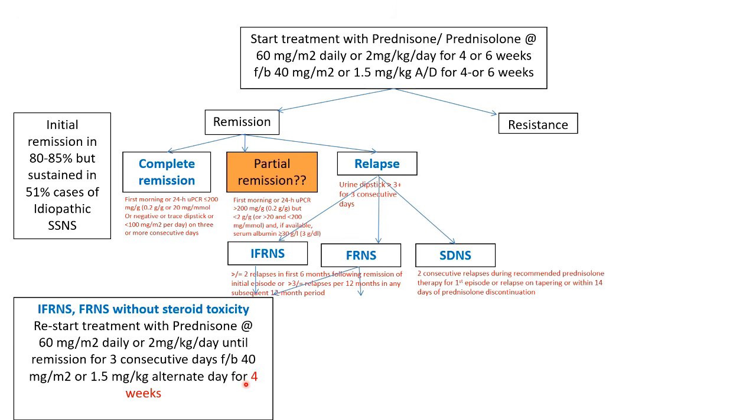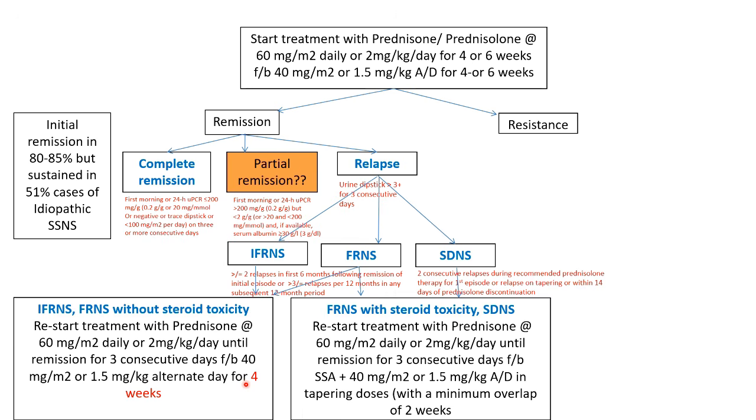In patients of frequently relapsing nephrotic syndrome having steroid toxicity or patients with steroid dependent nephrotic syndrome, you would restart treatment with prednisolone at the rate 60 milligrams per meter square per day or 2 mg per kg per day until remission for 3 consecutive days, but this is followed by the addition of a steroid sparing agent along with 40 milligram per meter square or 1.5 mg per kg alternate day steroids, which should be overlapped.